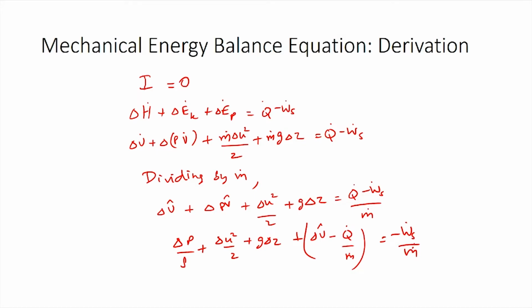What I have done here is delta P times V cap I have converted to delta P divided by rho. V cap is specific volume which is equal to 1 by rho. So, by substituting density in terms of specific volume, we get delta P divided by rho instead of delta P V cap. The rest of the terms are the same except for some rearrangements in the equation.